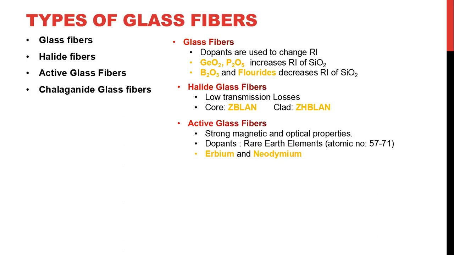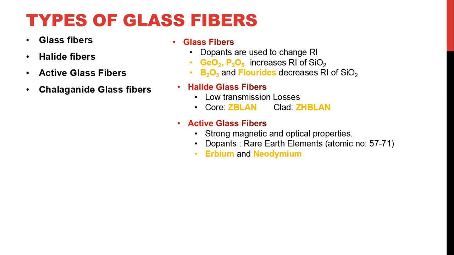Active glass fibers. This is a very important classification of fiber, since this type of fiber we will discuss in detail in module 5 while we are dealing with fiber amplifiers.